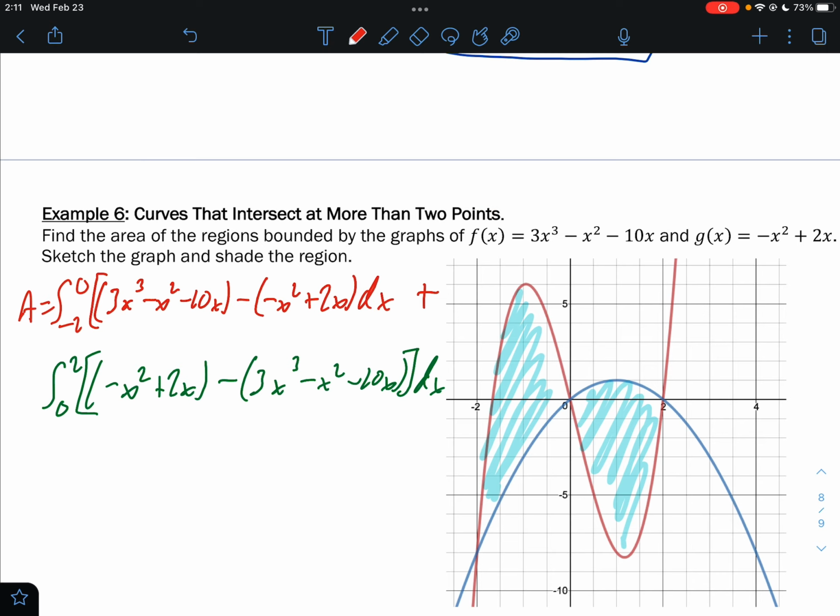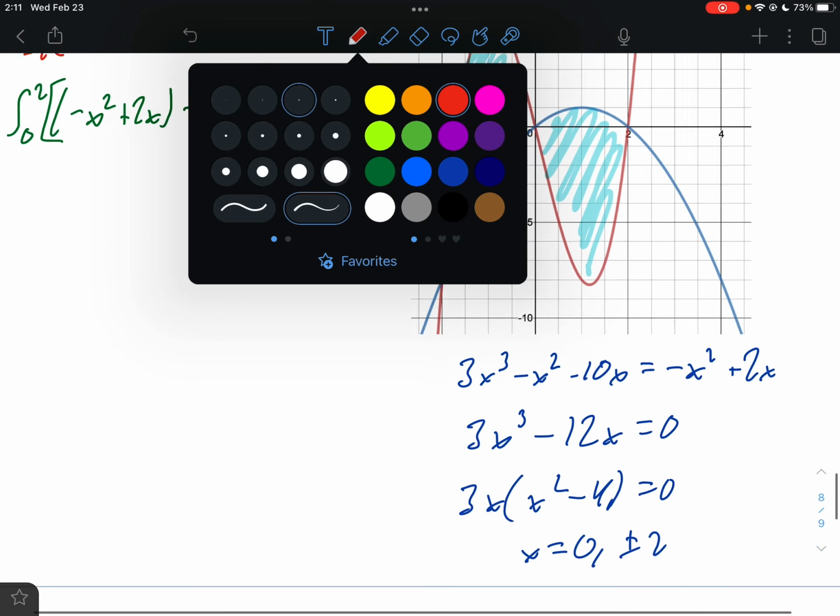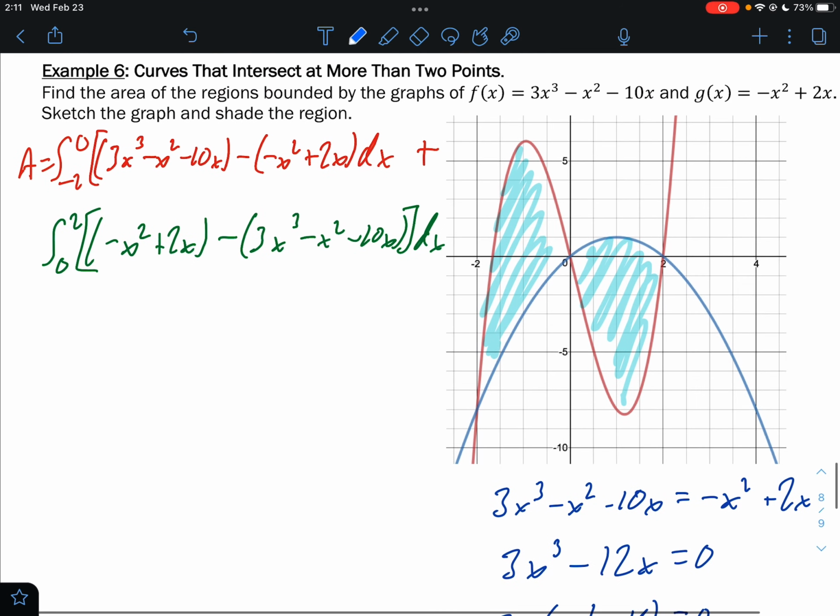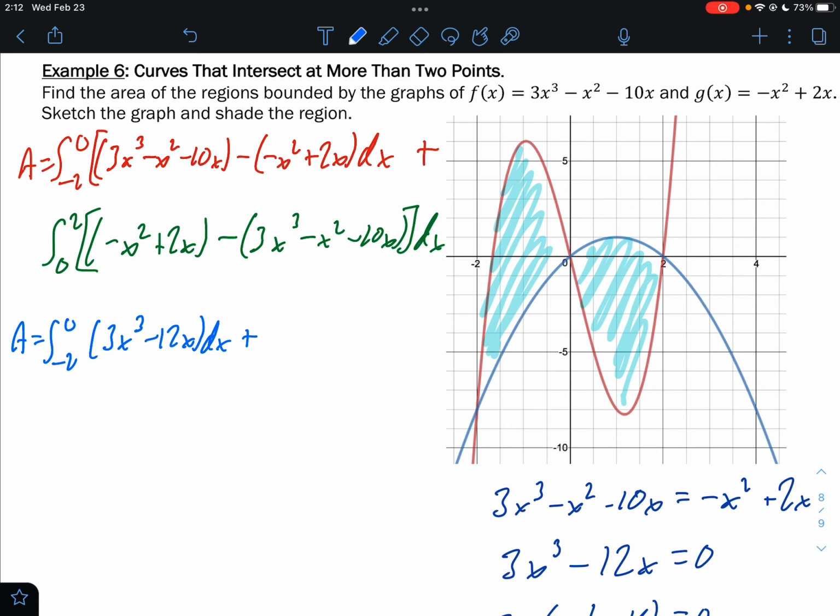Okay, now let's clean this up a little bit. So our area is going to be the integral from negative 2 to 0 of 3x cubed minus 12x dx plus the integral from 0 to 2 of negative 3x cubed plus 12x dx.